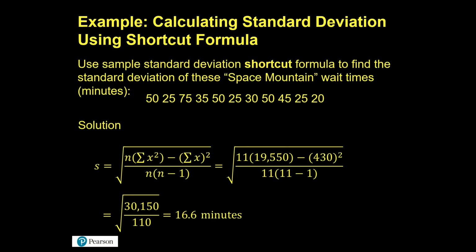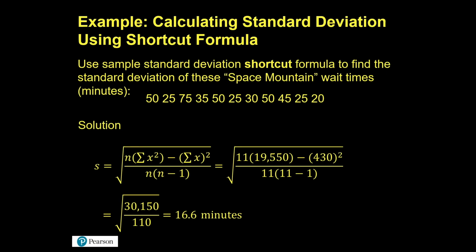The only thing to note here in the slides that I didn't write down when I was working out the problem is that it says 16.6 minutes. The reason it's minutes is because if you look at the original data values, they were measured in minutes. So they were wait times on a Space Mountain ride at Disneyland, or sorry, Disney World.